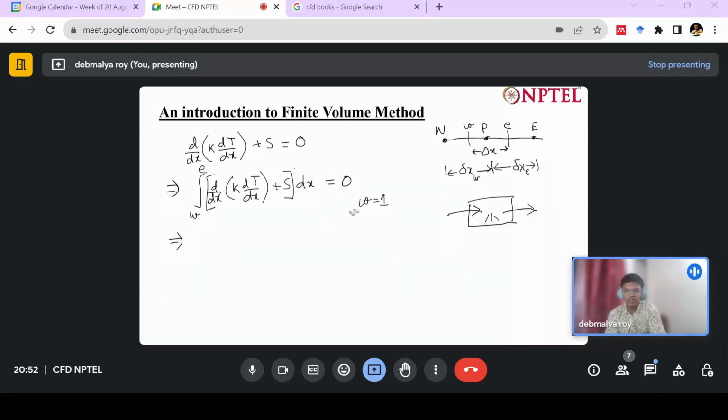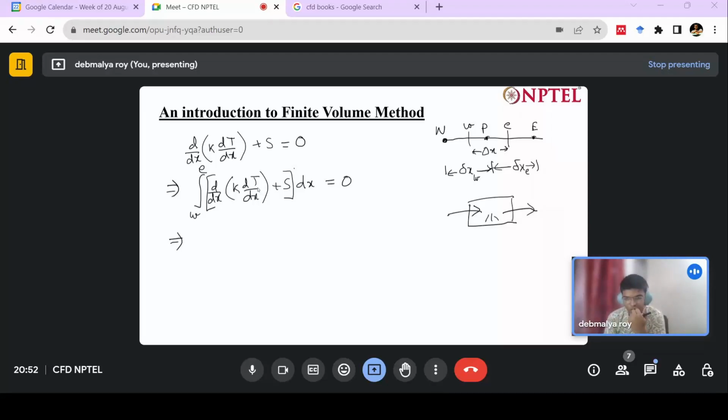Okay. I will erase this. This might be confusing as there is a W here. All right. So let's try to solve. The first term is d/dx and dx is there, so this will be simply evaluating this dT/dx, which is flux, and that's what we want, right? We want to find this whole thing as a balance of fluxes.